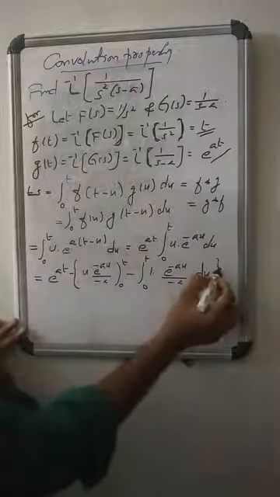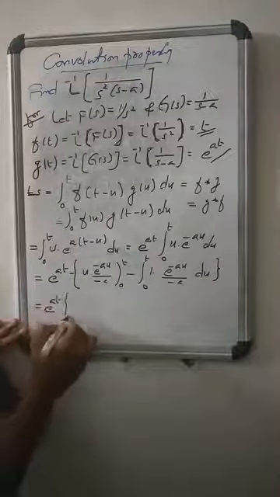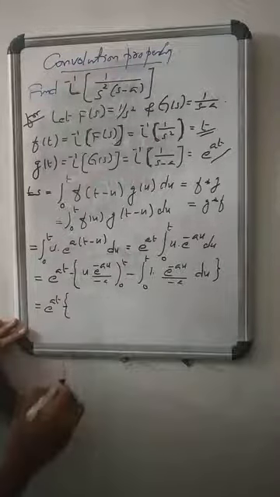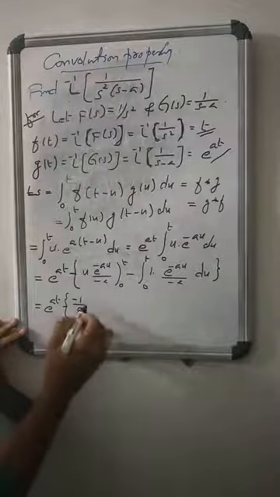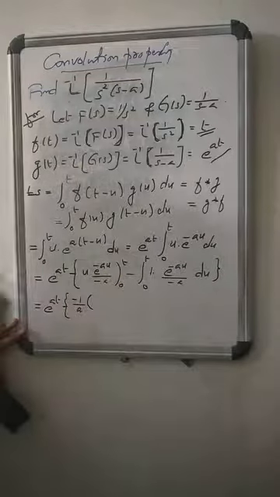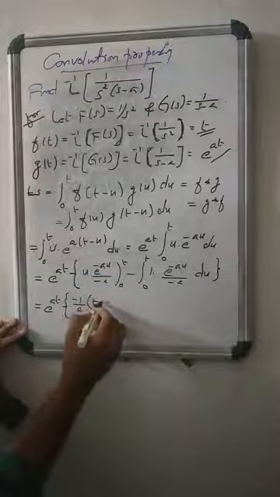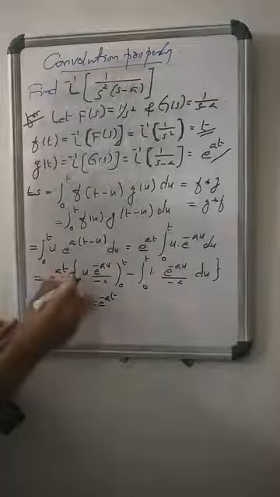Okay. That equals e power at into minus 1 by a into u e power minus au. For the upper limit, it is t into e power minus at, minus the lower limit u equal to 0.